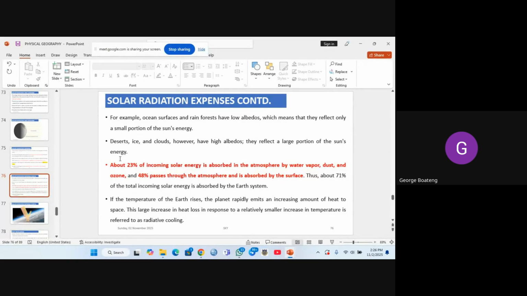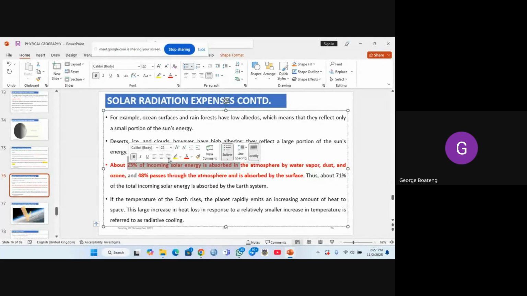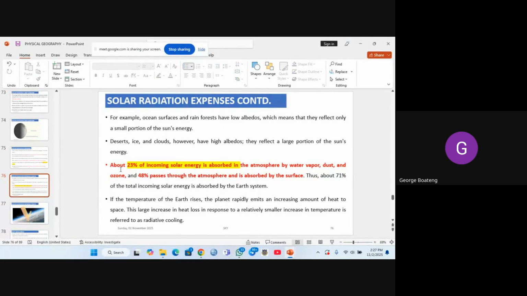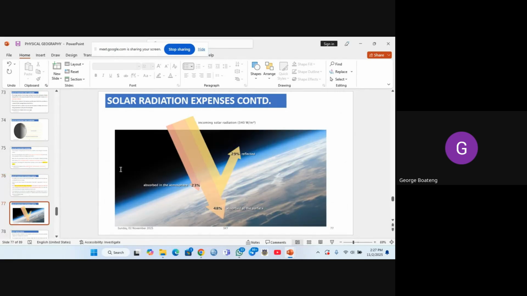Now, we say about 23% is also absorbed. So this tells us that even though the sun has been coming and coming to the Earth, not all of it gets to the Earth's surface.